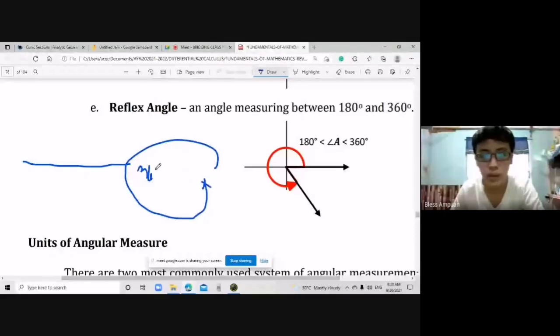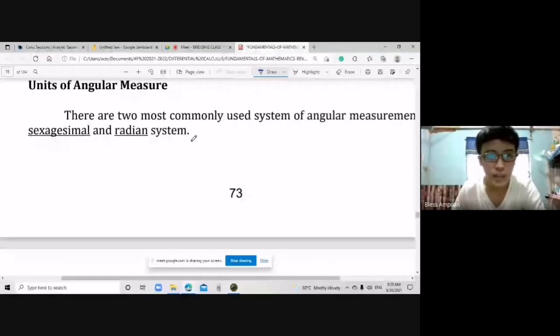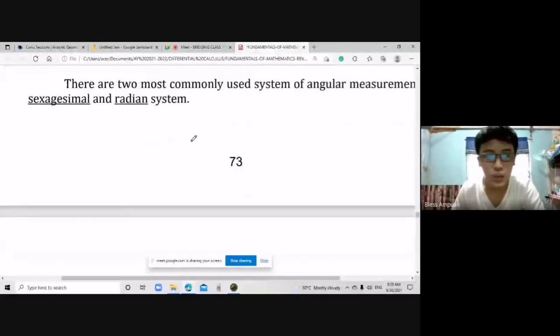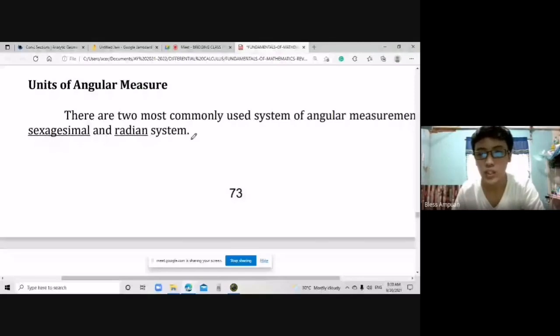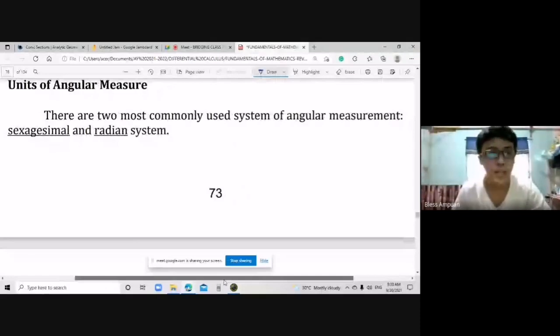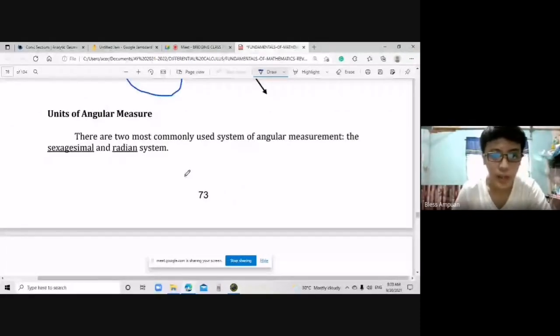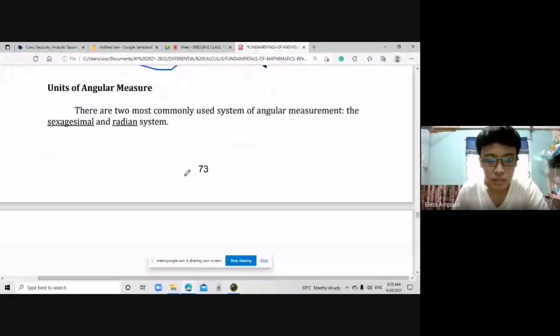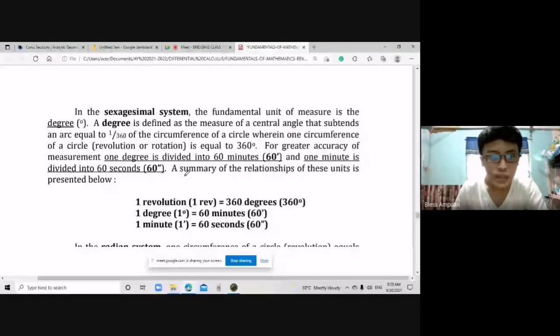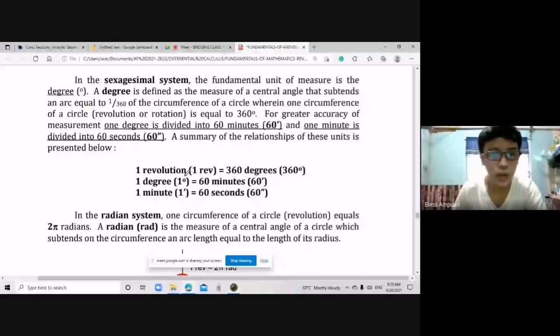Now let's refer to the units of angular measure. There are two most commonly used systems of angular measurement: the sexagesimal and the radian system. Here is the definition of a degree.